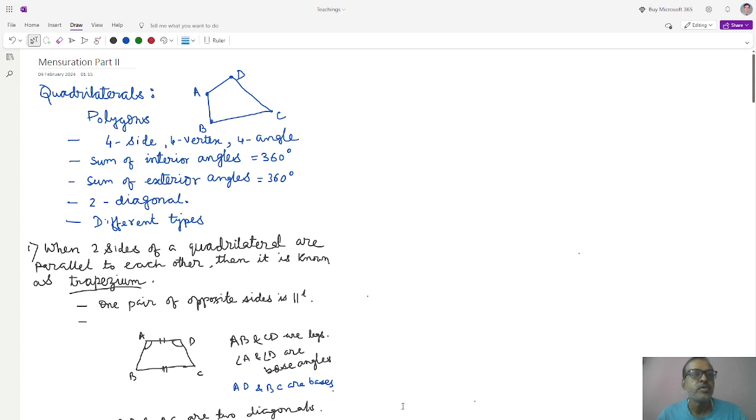Here, A, B, C, D is a polygon which has four vertices. A, B, C, and D are the four vertices.